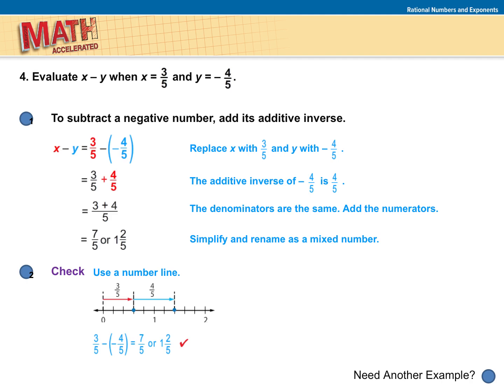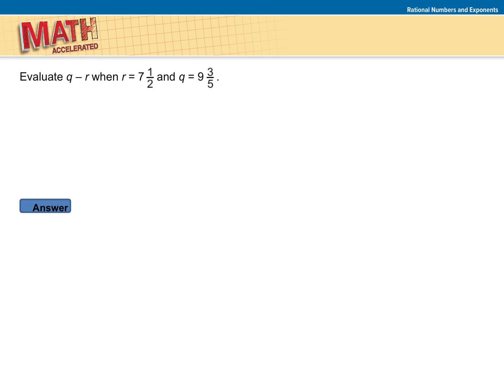Okay. Now we're going to see problems like this, where it gives us an expression, and then it gives us values for those variables. What have we normally done when we're given this type of stuff? Plug them in, substitute. Okay, that's the same thing we're going to do here. So this one says Q minus R. What does it say Q is? 9 3/5.